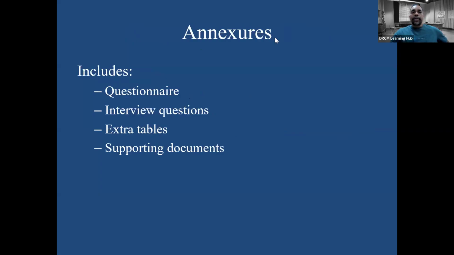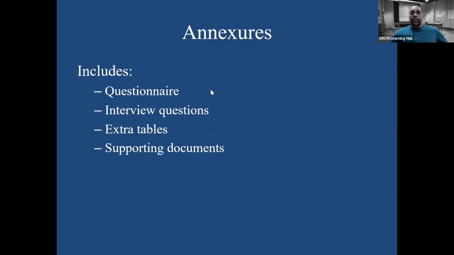Now we are coming to the annexure. Annexure, as we already said, means what to include: the questionnaire, you have to include. And interview questions, if you are not using them, no need. Extra tables, if any data you are using in data analysis, the data tables you can mention in the annexure, like so-and-so sales data.